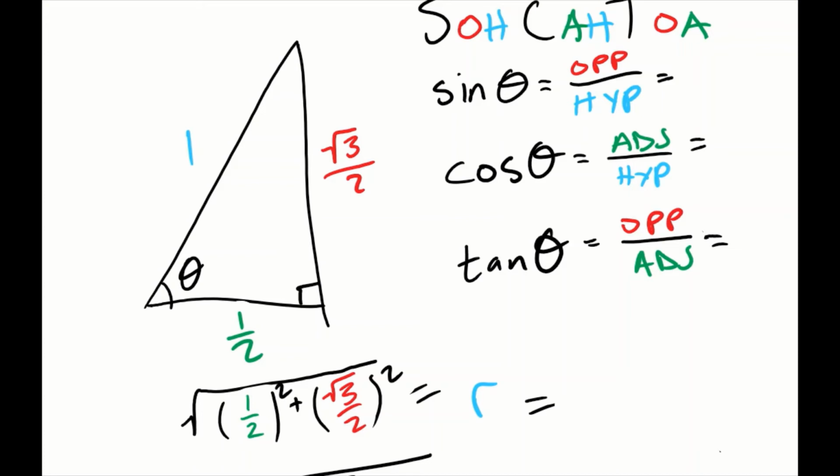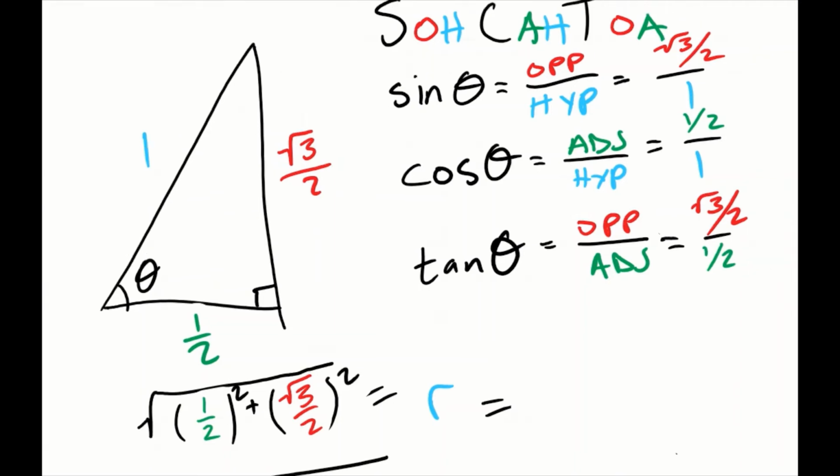So now let's just go plug in all our numbers. Our hypotenuse is 1, right? And then our opposite is root 3 over 2, and our adjacent is 1/2. So we can simplify these a bit.